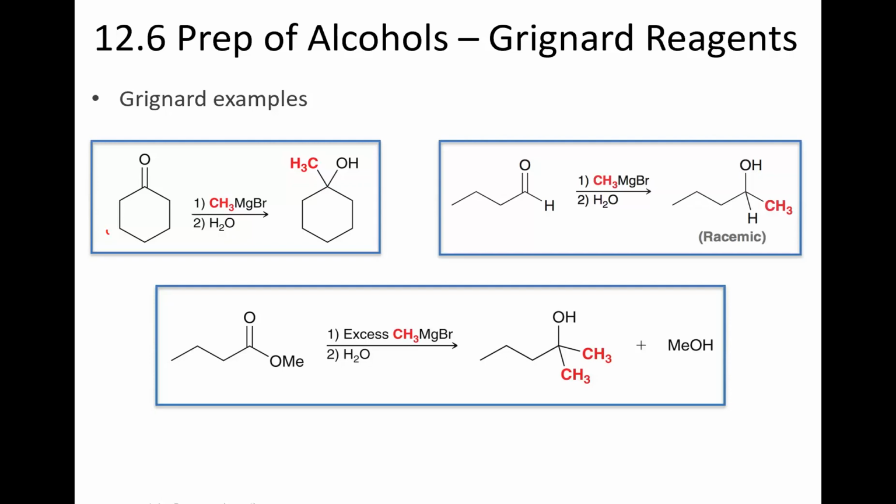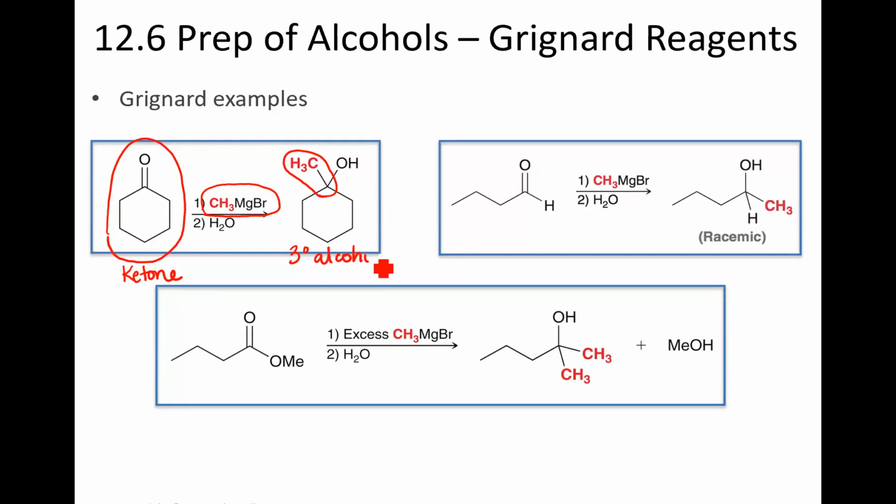So here are some examples. This is cyclohexanone, which is a ketone, being treated with, in this case, methyl magnesium bromide. And you can see that the methyl group has been incorporated with the new carbon-carbon bond. So overall, you can think of it as very generically a ketone forming a tertiary alcohol.